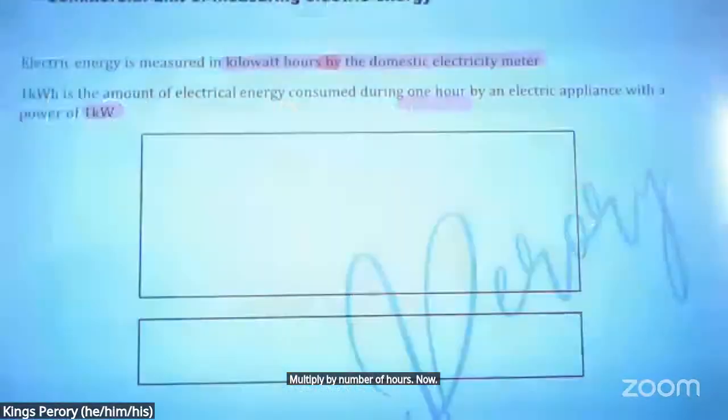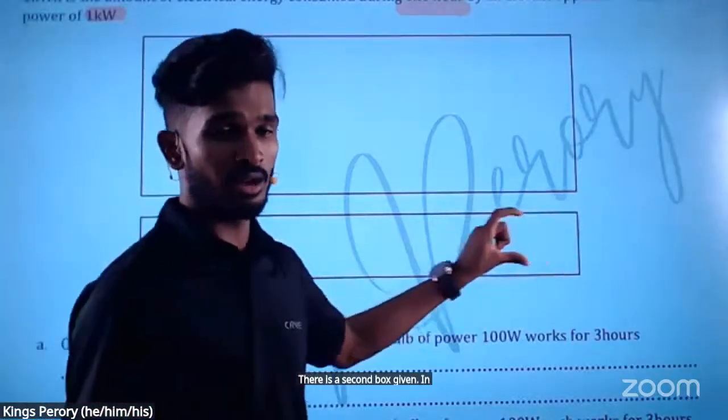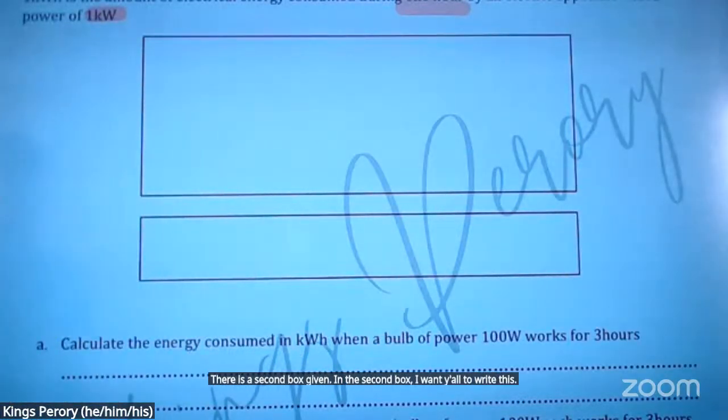Now, there is a second box given. In this second box, I want you all to write this equation.